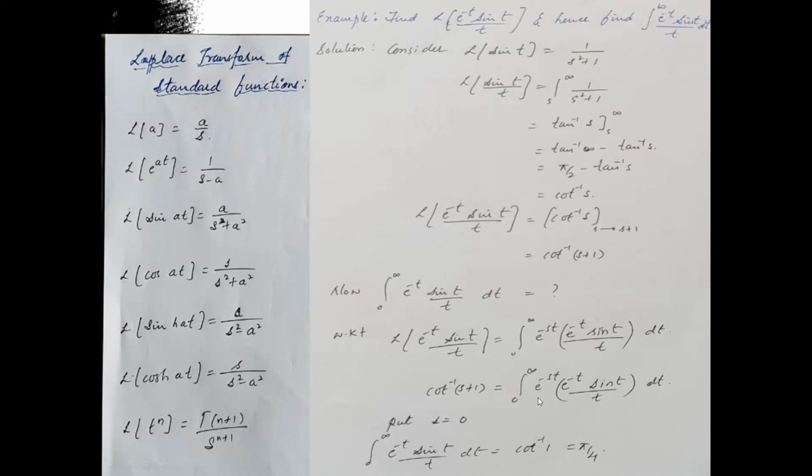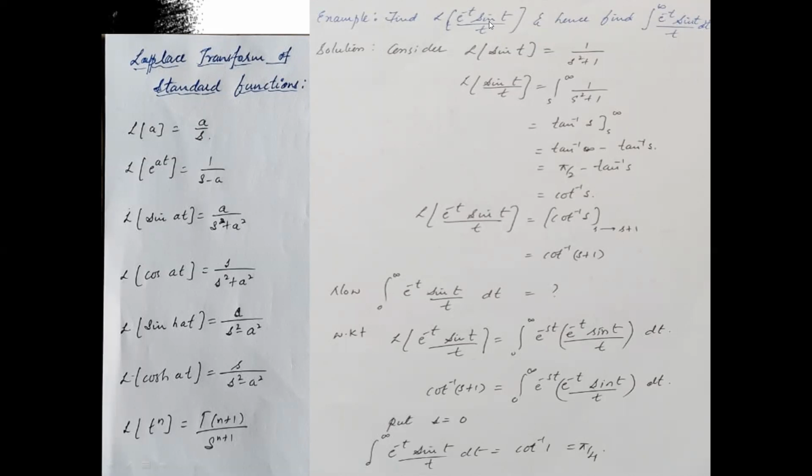It is equal to this integral value. But we want the integral value of only e raised to minus t sin t by t. That means this e raised to minus st term should vanish. For that, we will put s equal to 0. If you put s equal to 0, then we'll get integration from 0 to infinity e raised to minus t sin t by t. It's written here. Then if you put s equal to 0 here, it is cot inverse 1. Value of cot inverse 1 is pi by 4.